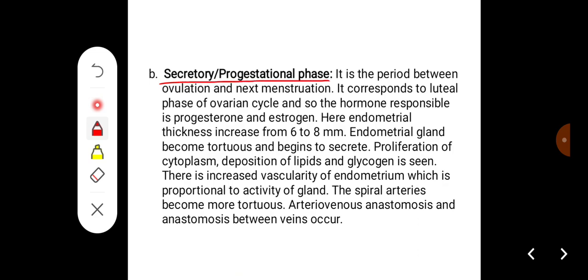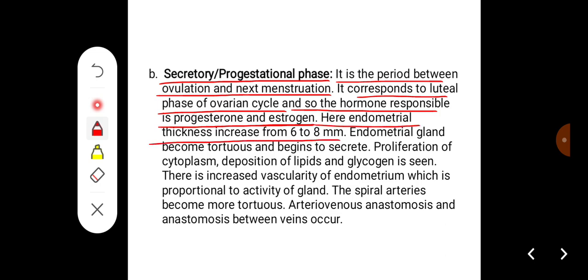The secretory or progestational phase is the period between the ovulation and the next menstruation. It corresponds to the luteal phase of the ovarian cycle, and so the hormones responsible are progesterone and estrogen. Here, the endometrial thickness increases from 6 to 8 millimeters. The endometrial glands become tortuous and begin to secrete.